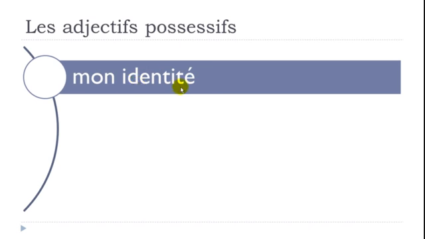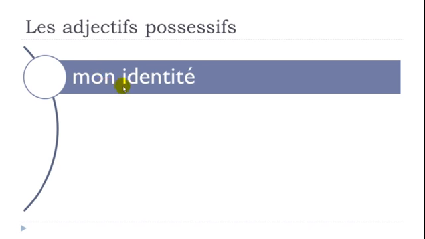If you look carefully at this word, you can notice that it is starting with a vowel, so I in that case, okay? And then for aesthetical reasons, we think that "ma identité", so the way that normally you should put the feminine form, doesn't sound nice, so for that reason we put the masculine possessive adjective.